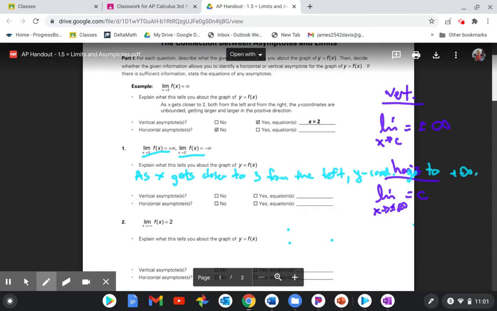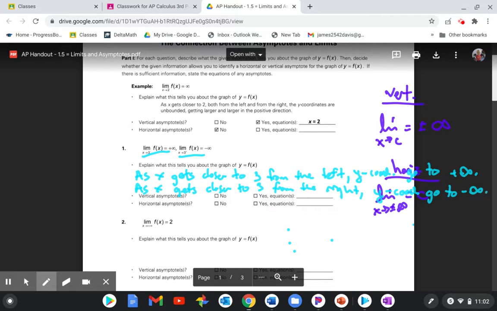It doesn't have to be this exact wording, but you could use this general structure. So we're saying as x gets closer to 3 from the left, so approach 3 on the left side, y coordinates go to positive infinity. The other one we would say as x gets closer to 3 from the right, y coordinates go to negative infinity. Something like that would be a good explanation.